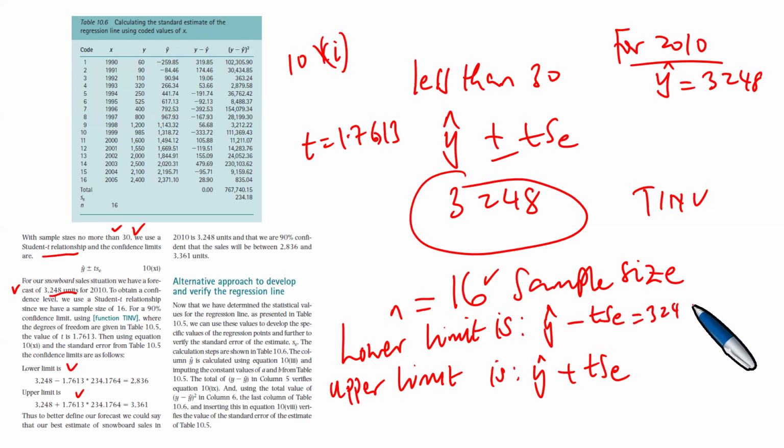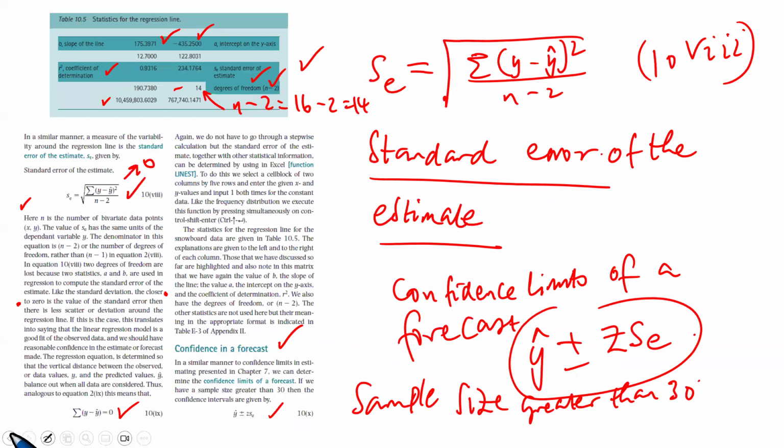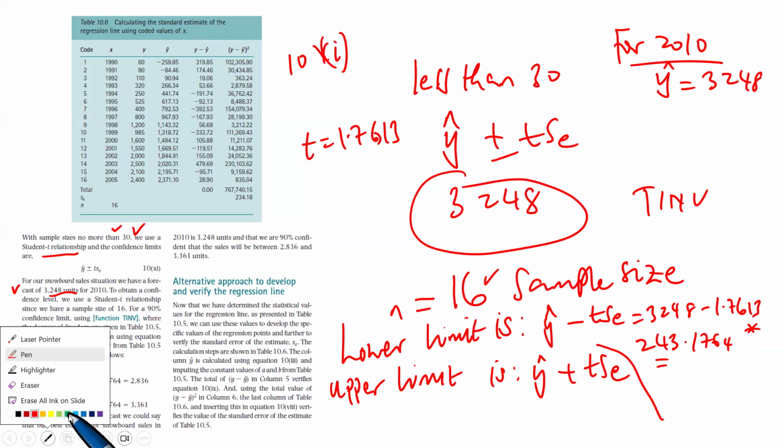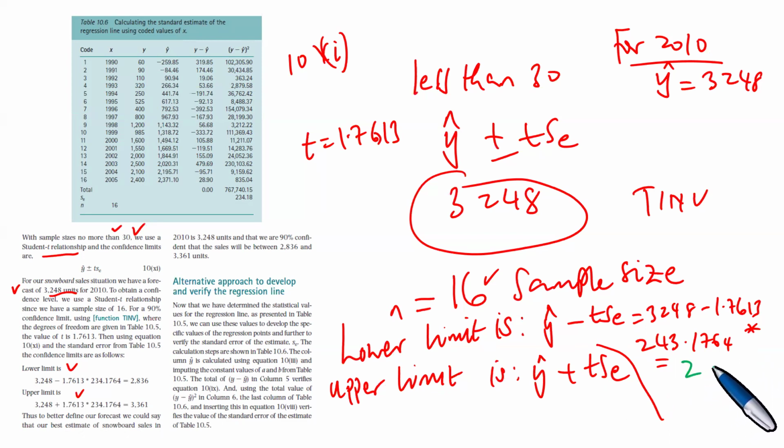Now the value of t is exactly 1.7613, and we multiply t by the standard error, which is 234.1764. Then the lower limit is going to be 2836.